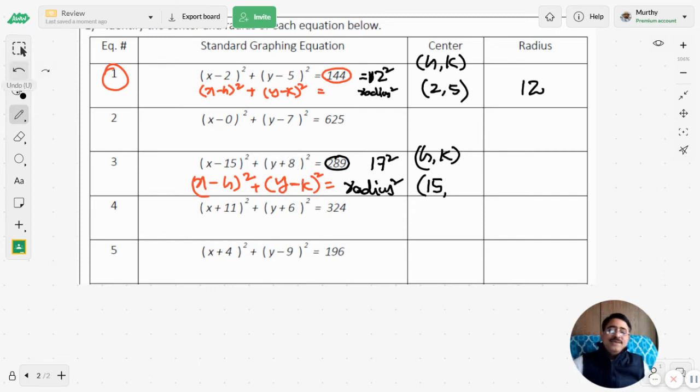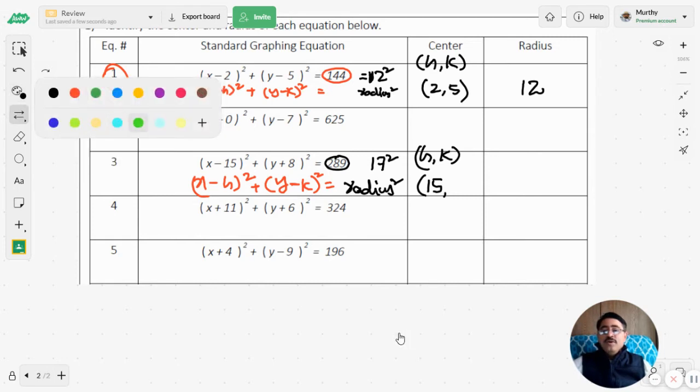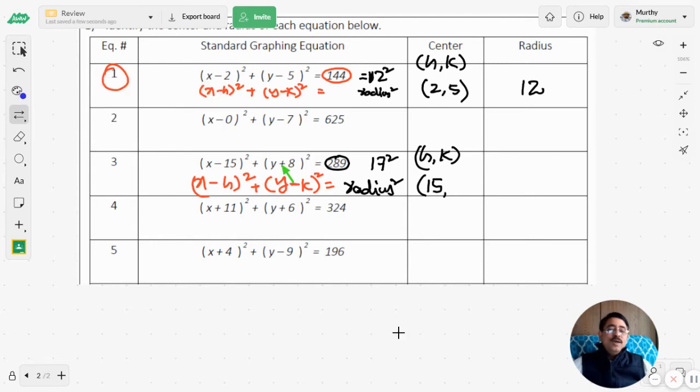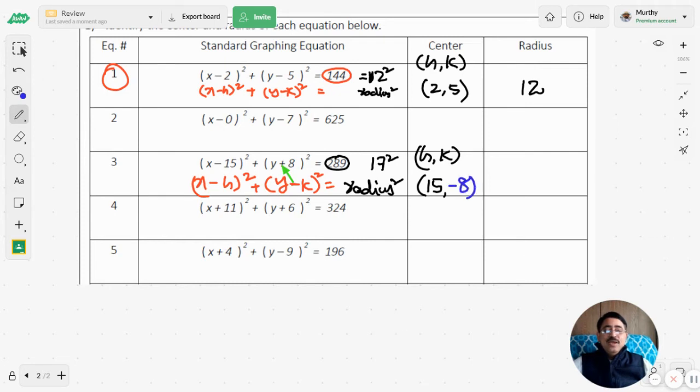You may write y plus 8 as y subtract negative 8, or simply, if the signs are not matching, what you can do is simply switch the sign. So what is the value of k? If there is positive 8 in y plus 8, please switch the sign, then you should get negative 8. And radius squared is 17 squared, therefore radius equals 17.